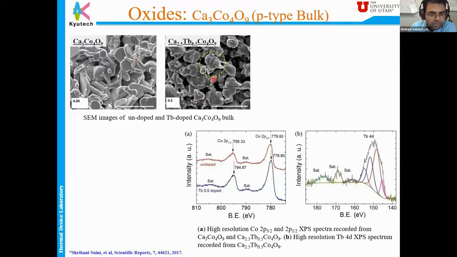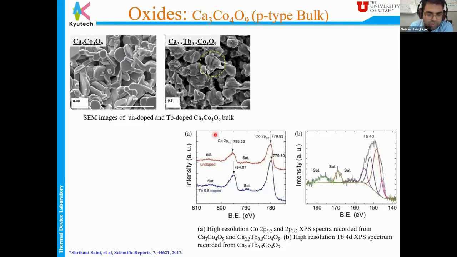After that, we performed XPS to understand the oxidation state and how the charge transportation is helping in which way. Here we see when we dope the terbium, the cobalt peak is shifting. It's a very small shift, but there is a small shift, and it is shifting away from the cobalt 4 plus state.